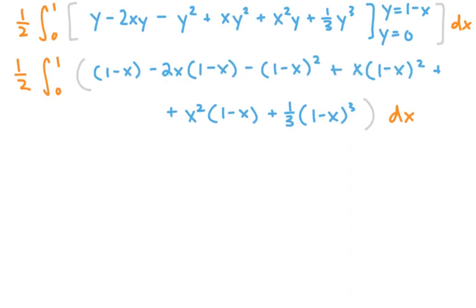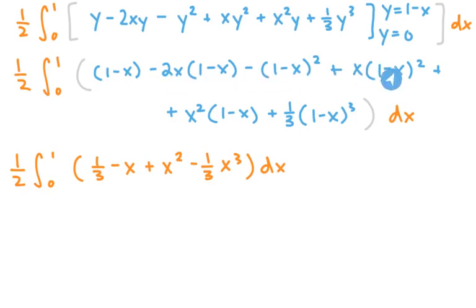And we have some significant but fairly easy, busy work ahead of us to simplify. I'm going to write that next step out. So all the distribution, foiling, combining like terms, this is what we end up with. It simplifies down fairly nicely. This is easy to integrate.